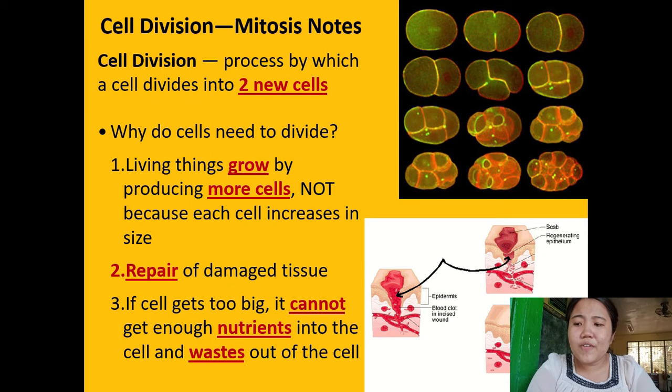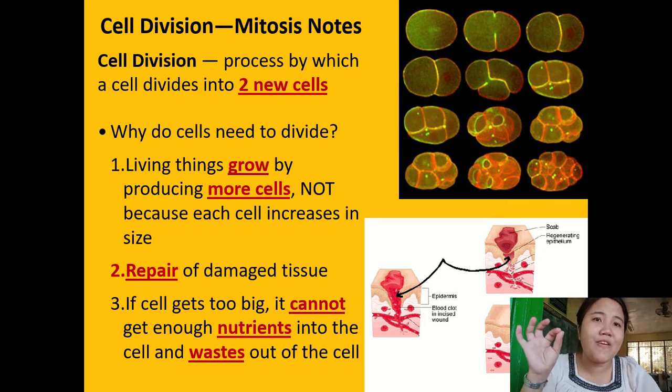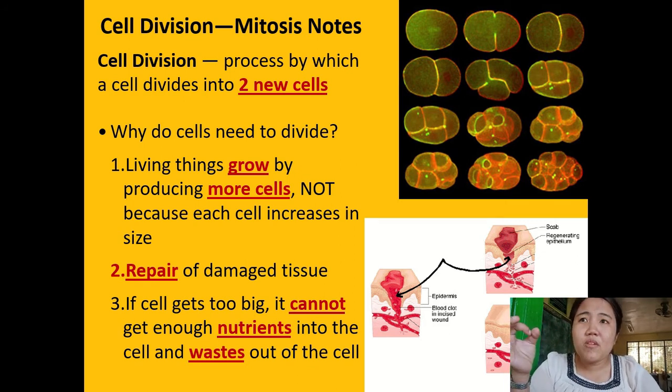Next is, if a cell gets too big, it cannot get enough nutrients into the cell and waste out of the cell. Our body consumes food, and that food is converted into different kinds of nutrients. Those nutrients are microscopic, very, very small, and they will be absorbed by the cell, which is also microscopic. The cell also excretes waste products microscopically.